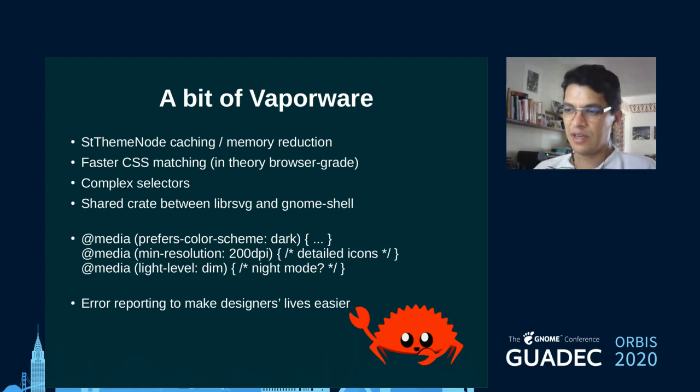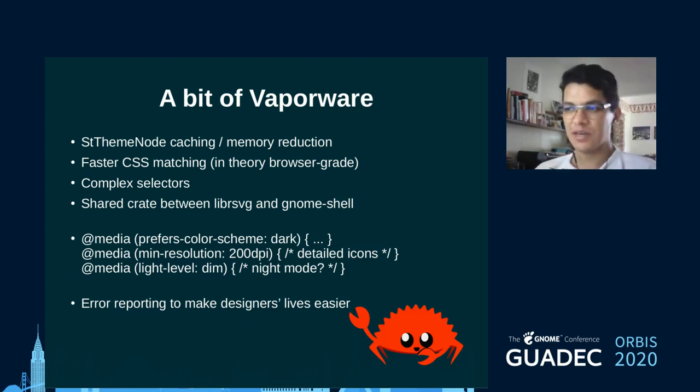And as I told you already, I really want to have good machinery for reporting. Librsvg has been moving towards having better error reporting internally, and I want to expose it to the outside API somehow.